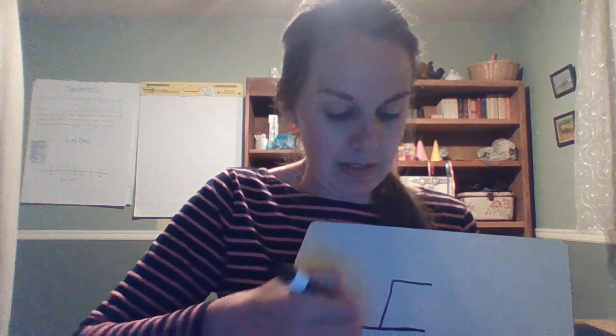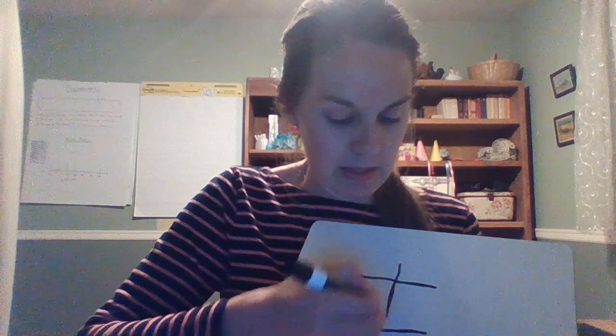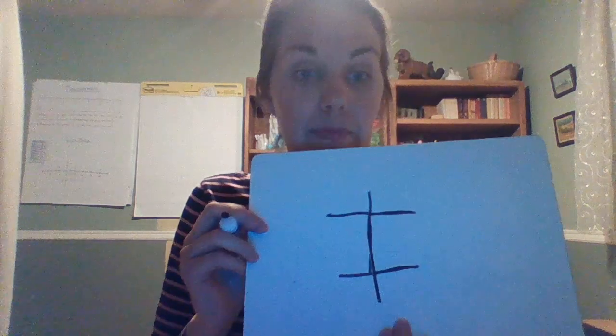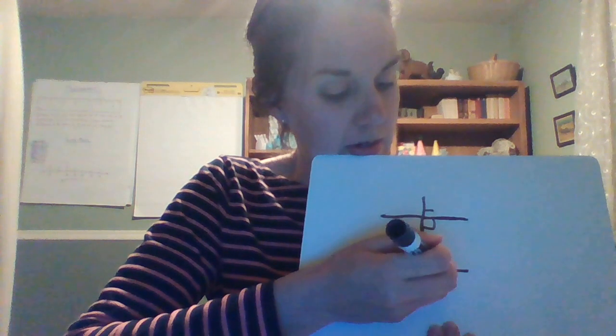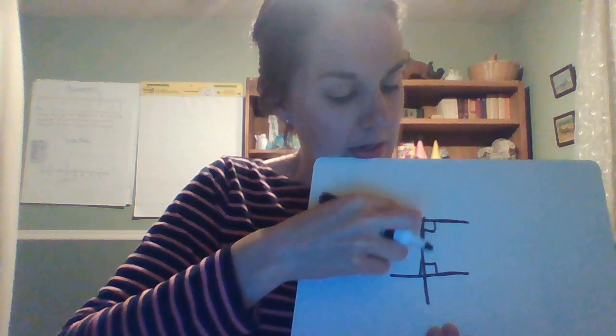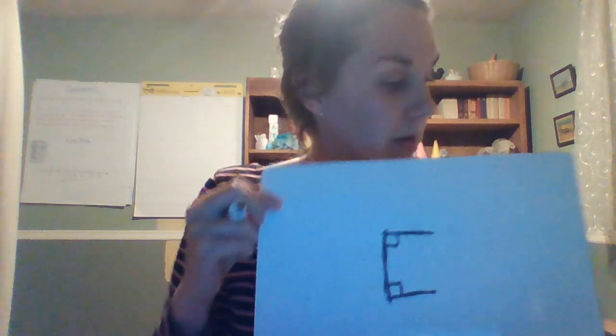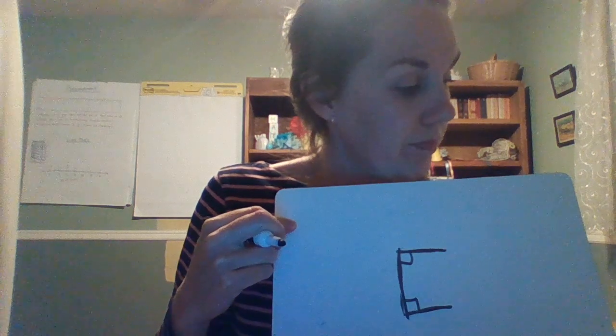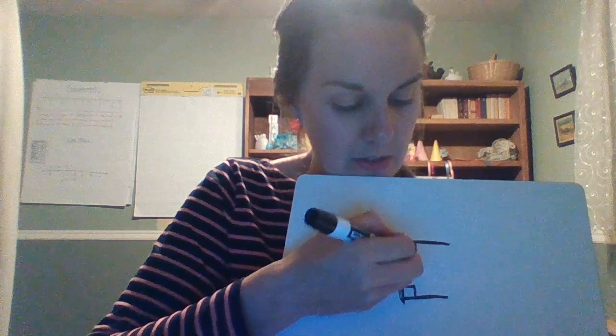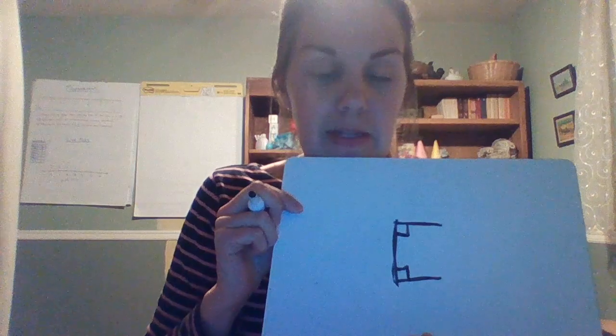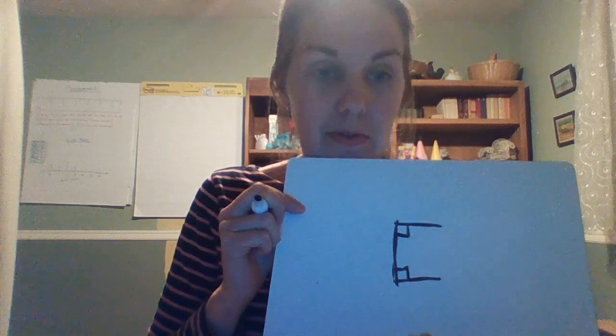So if we were to extend this one and this one, and this one, they all cross. And they show you that your opposing angles are right angles. So if you have a little box that's drawn in the corner like this, that means that your angles are right angles.